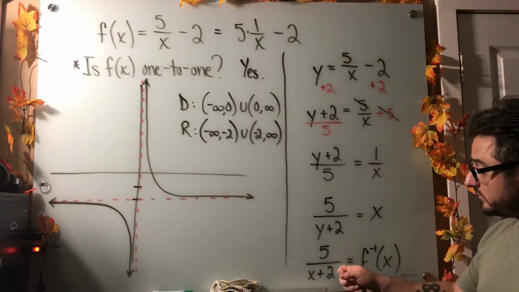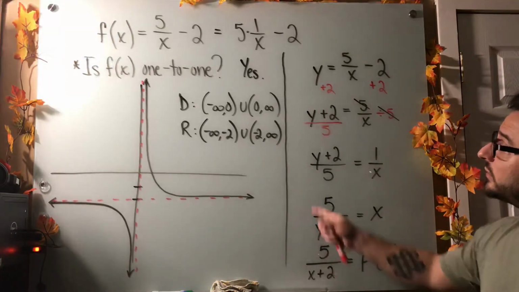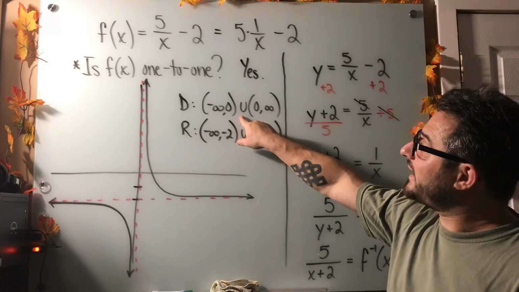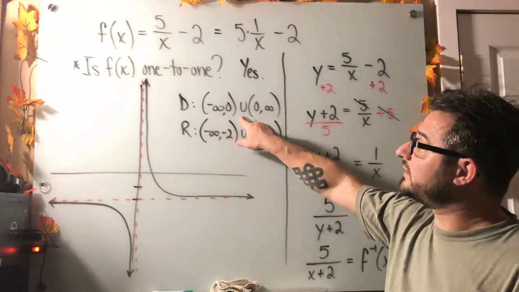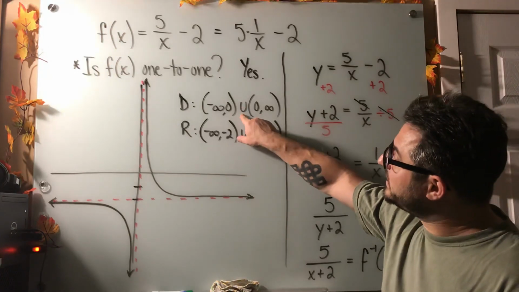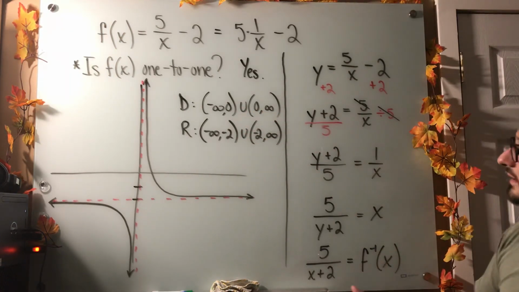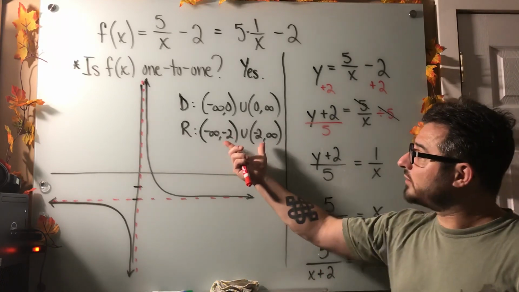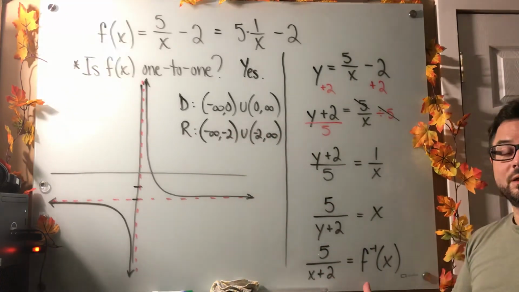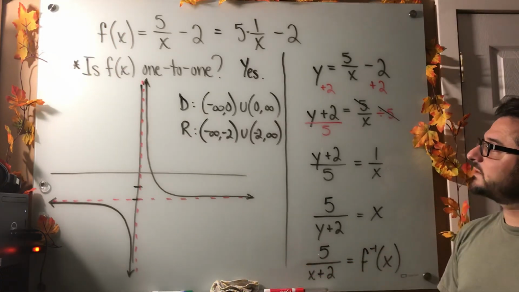So y still cannot be 0, which corresponds nicely with the fact that the input value of the original function could not be 0. So the inputs here correspond with the outputs here. And the outputs here correspond with the inputs of the inverse. Always nice when a plan comes together.